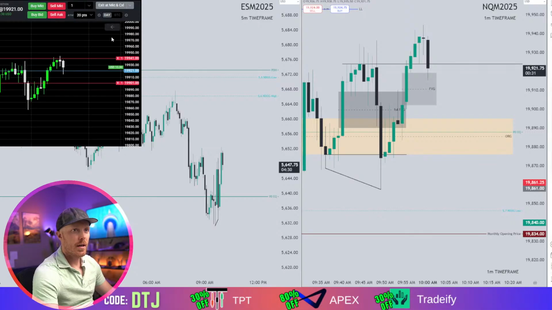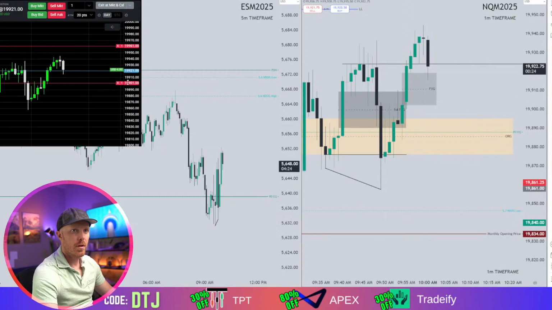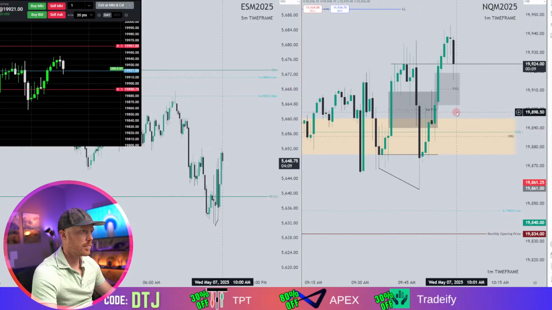I'm going to take an entry there. We'll see if it wants to hold. I have a 20-point stop loss. I probably will extend that to 30, right below this down close candle right here at 953.